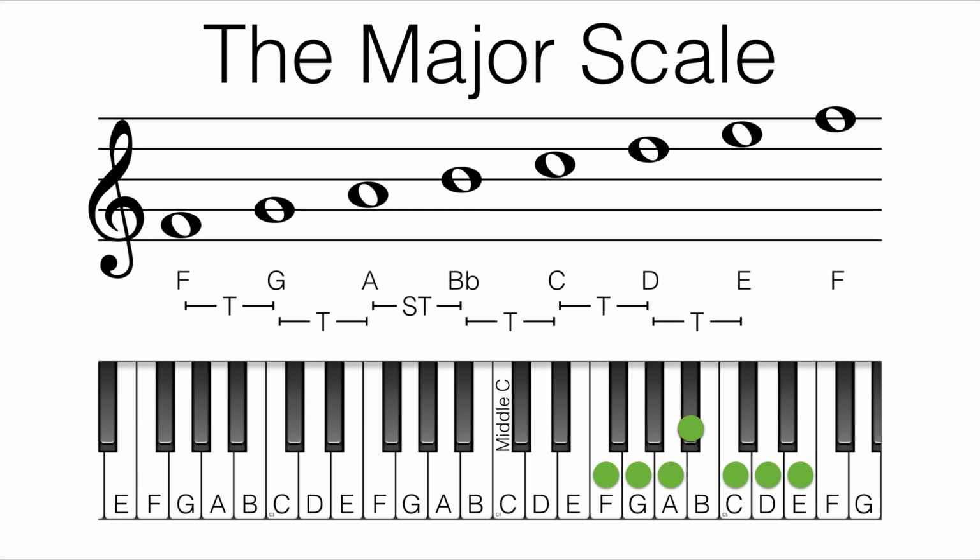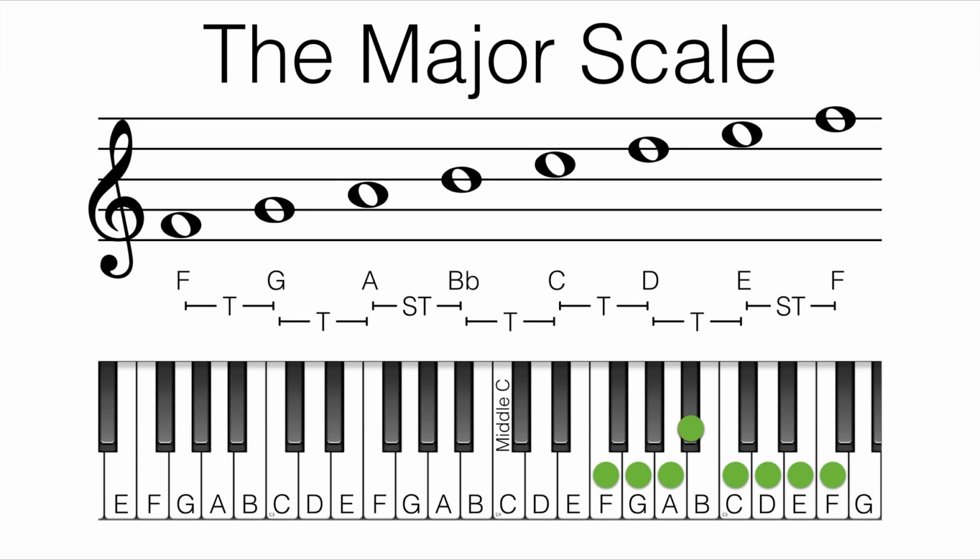And finally, E to F is a semitone. There. Now we have notes that form the major scale pattern of tone, tone, semitone, tone, tone, tone, semitone. We can categorize F major by saying it has all natural notes except for B flat. Another way we can identify F major is by saying it contains one flat, which is B flat.